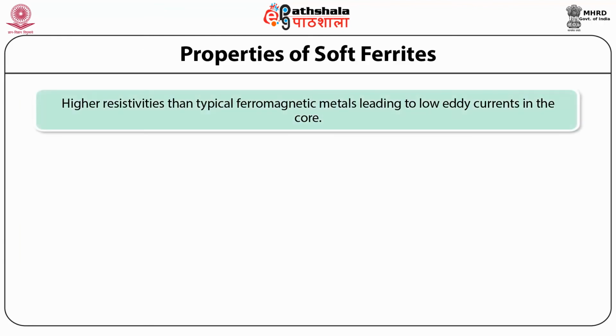Properties of soft ferrites. As discussed previously, ferrites have a broad spectrum of properties depending upon the type of ferrite and composition. Soft ferrites are materials which are easy to magnetize or demagnetize. They have higher resistivities than typical ferromagnetic metals, leading to low eddy currents in the core.